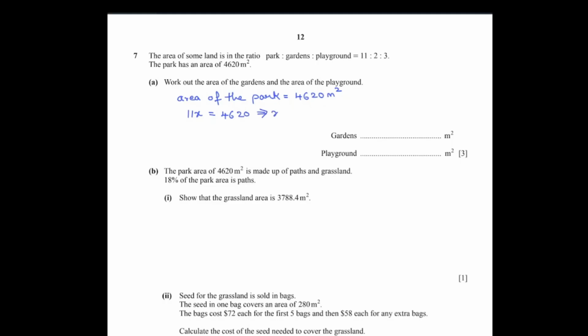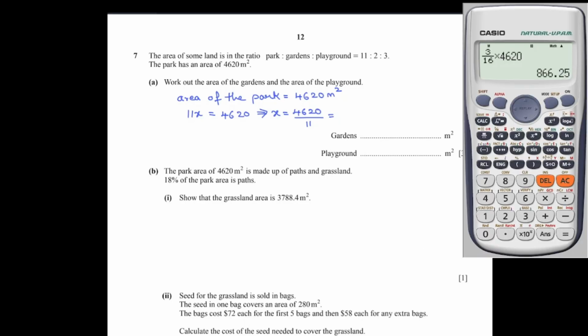Using this you can find the common multiple for all these ratio parts, that is x. So you will get x by doing 4620 divided by 11, which is 420.